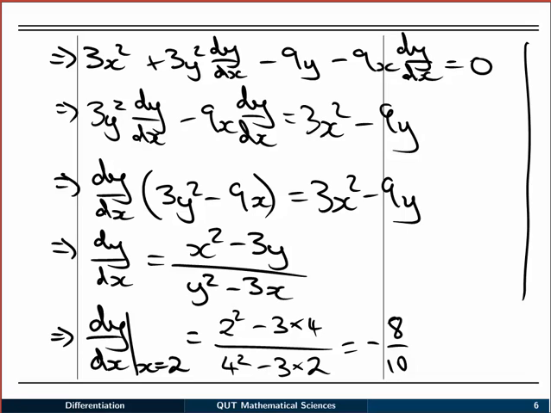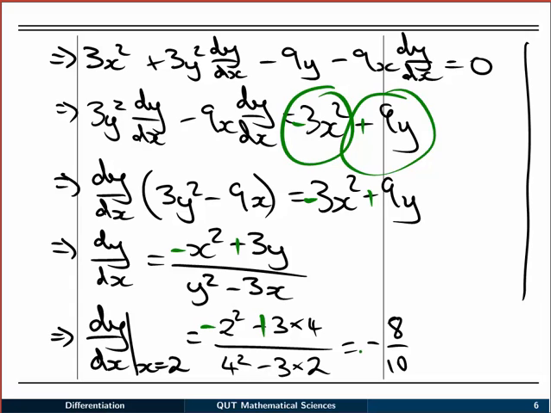Now what I've done here is I've accidentally just moved the whole things over to the right, whereas I should have had a minus 3x squared and a plus 9y, because when I moved things over I was actually subtracting them from both sides. That's going to follow throughout, and we're going to have the signs wrong on these and these, these and these. Then we should end up with our final result being correct at 4 and 5, or 0.8.